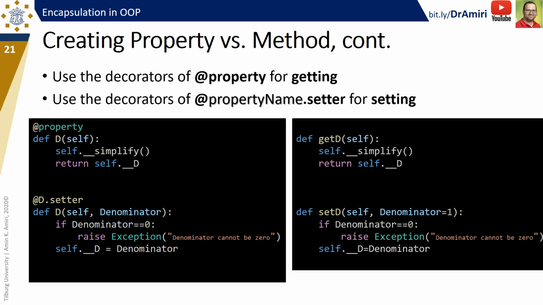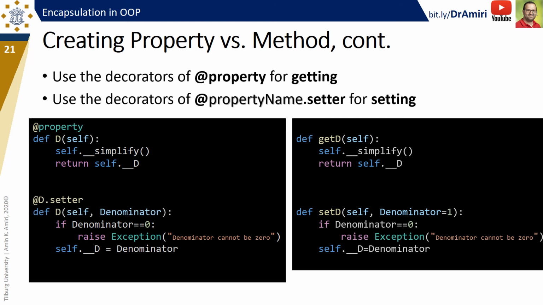How can you create a setter property? You just need to use another decorator. You start with @, then the name of the property, and then the keyword dot setter. So if you're asked to create a setter property, first you create a setter method, as you learned in the previous slides. Then you change the signature of the method, the first line.